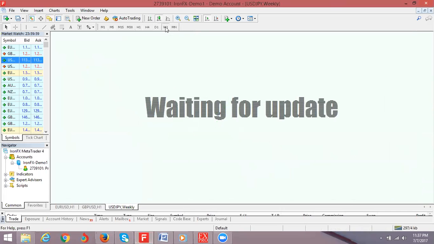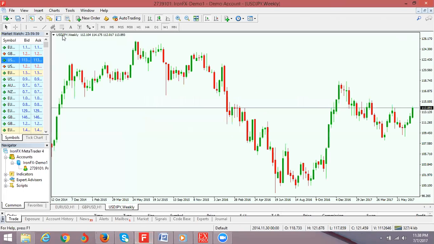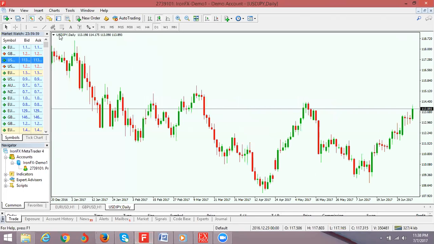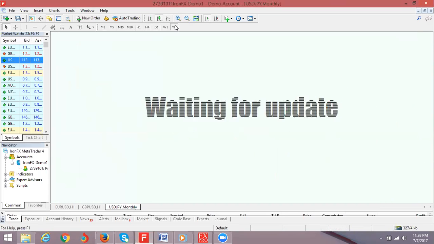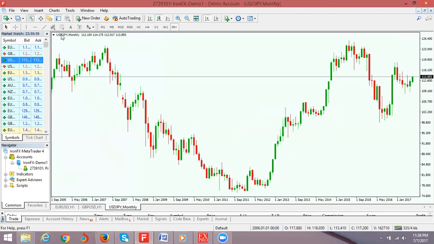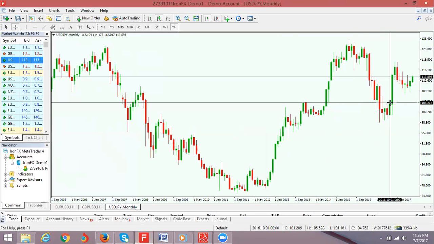And W1 is the weekly chart. You can see USD weekly, then USD daily, then USD H4. We also have MN, which is monthly, meaning all these candles formed within a month. We can put the crosshair on it and you can see the time it started forming.